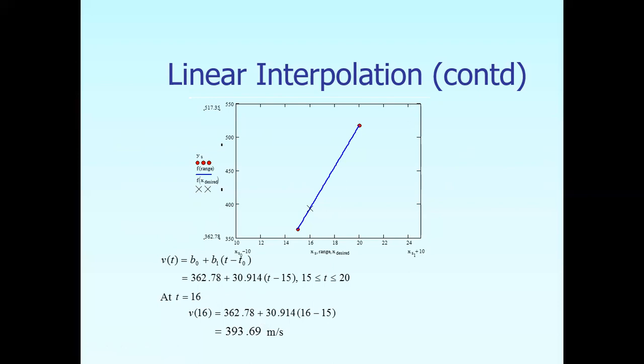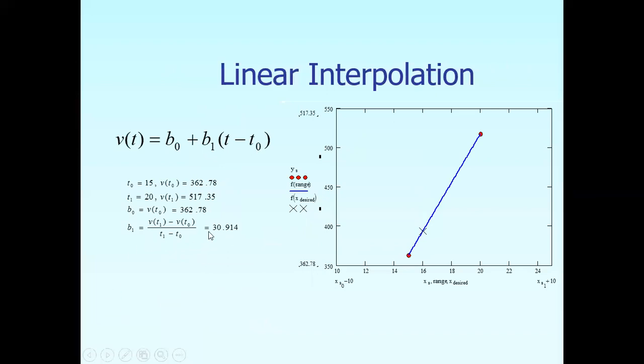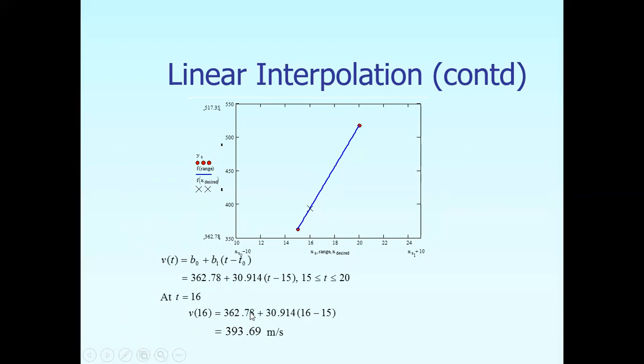The value of b is 30.914 into 16 minus 15. That is, the velocity at t is equal to 16 is 393.69 meter per second.